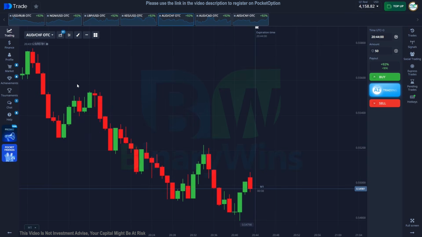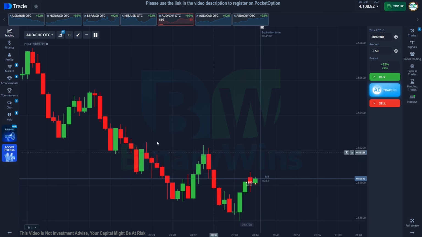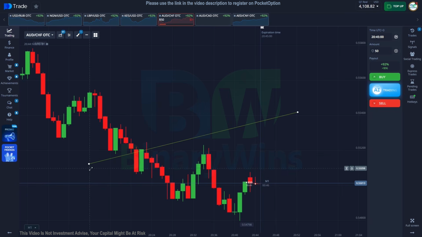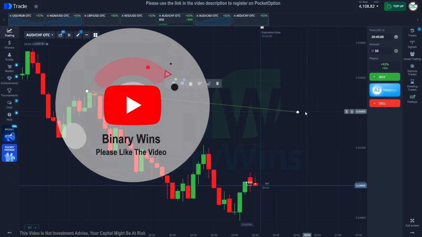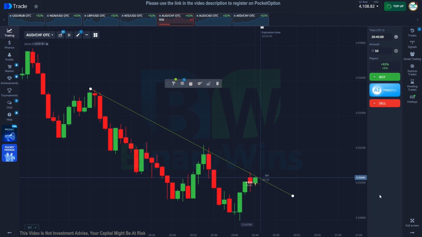As you can see, I can draw a trend line here, where the candles received pressure and rejection. I entered a lower trade. Look. Our trend is a downtrend.